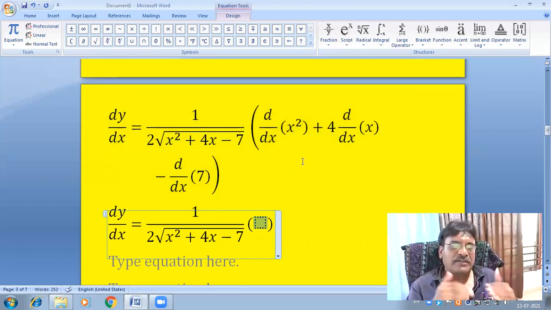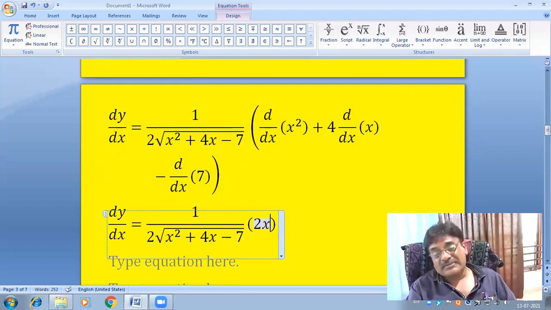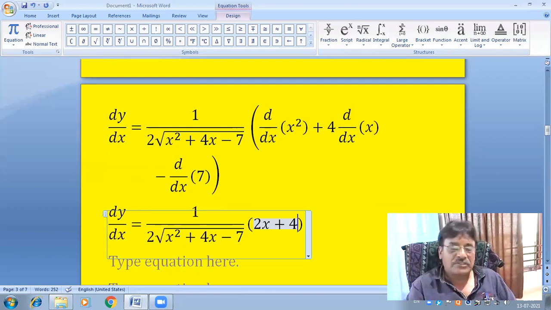By the formula d/dx of x to the power n is n x to the power n minus 1, similarly here 2x to the power 2 minus 1, that is x to the power 1, that is x. So 2x. The derivative of x square is 2x. Then plus 4 as it is. d/dx of x, we know that d/dx of x is 1. Minus d/dx of 7, 7 is constant and the derivative is 0.